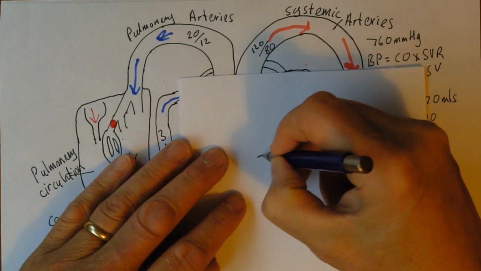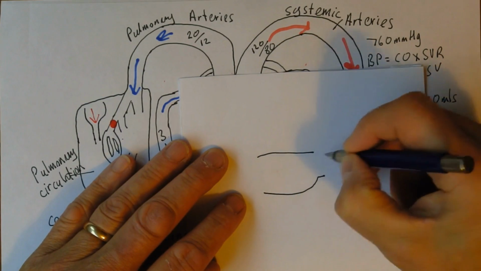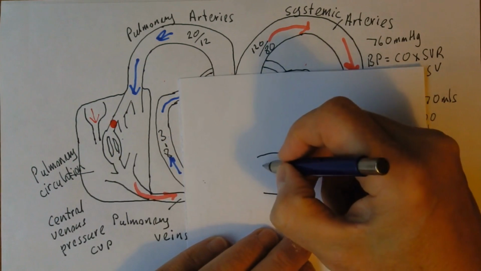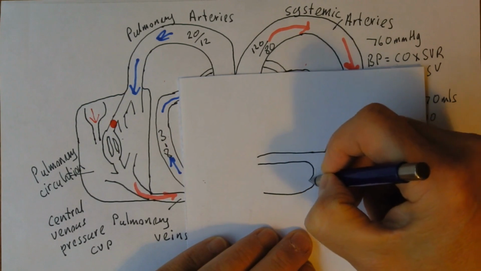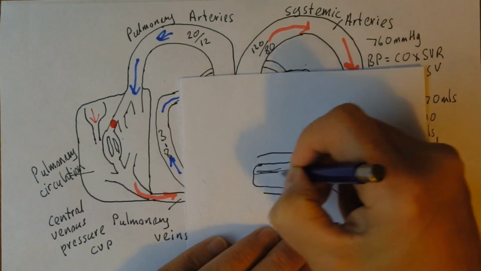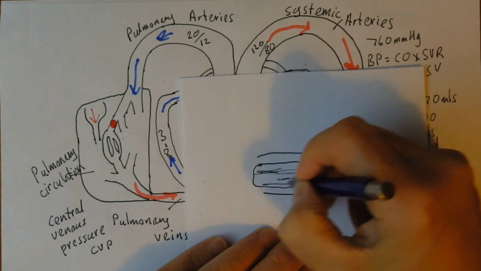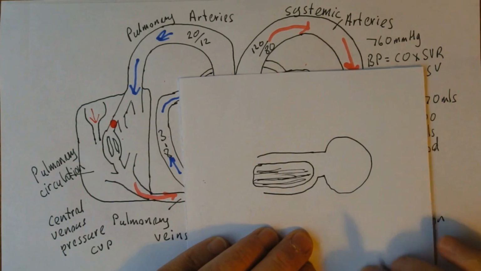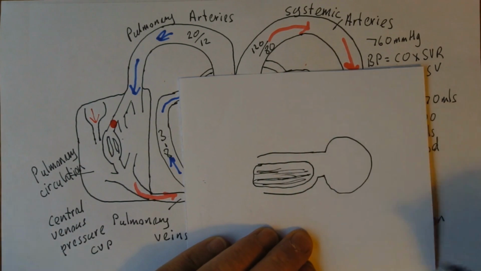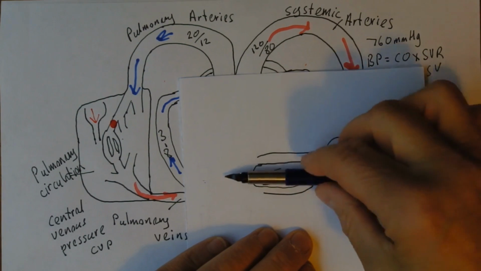This is the chest when someone's lying down. That's the head here. Now if they're lying down, here's the lung fields. And if they're lying down, the fluid seems to go all over the lung fields, making it difficult to breathe. They can't get the oxygen in, they can't get the carbon dioxide out. So shortness of breath when lying down.